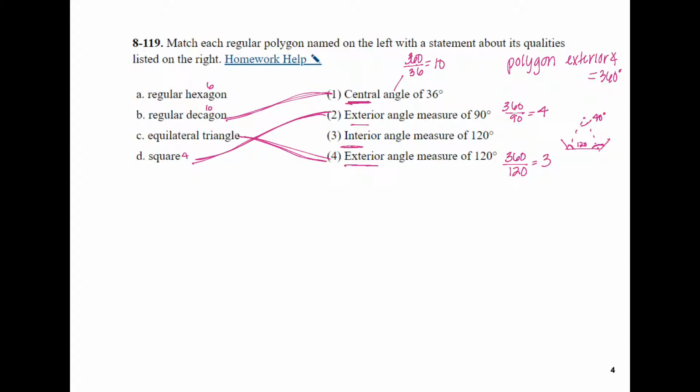If you do 360 divided by 40, you would know that it has 9 sides. But in this case, if you do your subtraction correctly, 180 minus 120 is not 40, it's actually 60. So when you take 360 and divide by 60, you do in fact get 6 sides, which matches with our hexagon.